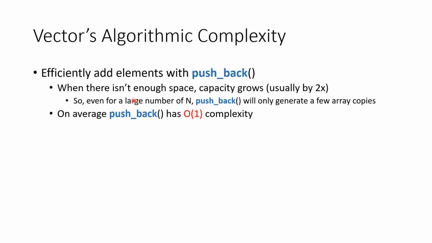But for a larger number n, it's actually not that much because it grows by log of n. So on average, the push back function has O(1) complexity. It will be a little bit slower than arrays, but it's not that slow.